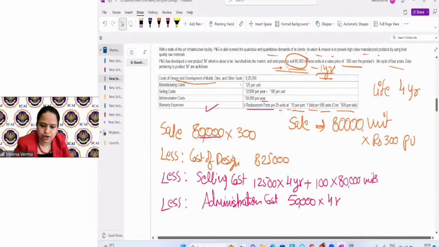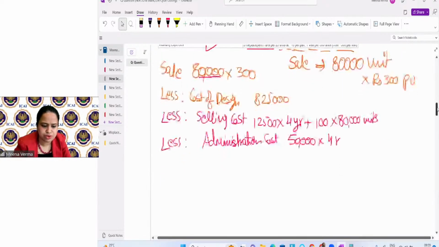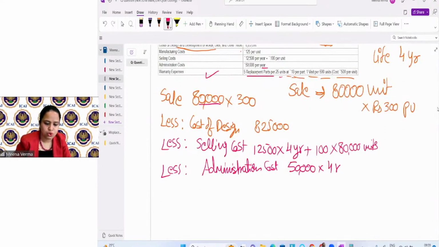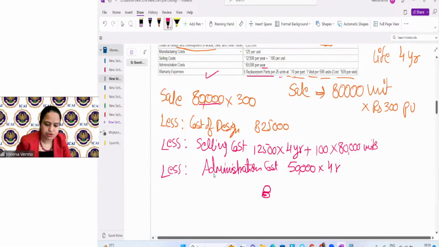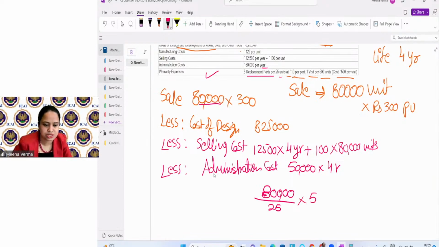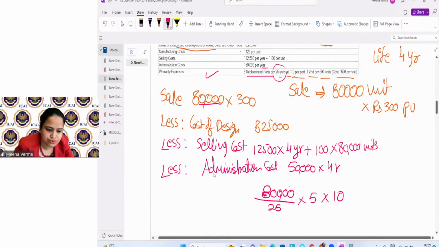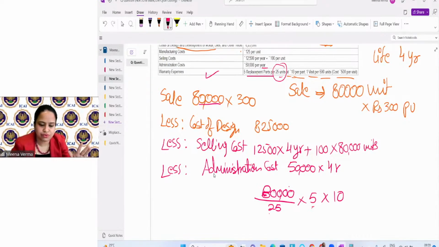So on every 25 units, there is a replacement of 5 parts, and the amount will be 10. For the 80,000 units we are producing, divide by 25 units, and you will get the total batches in which there will be replacement, then multiply by 5 and by 10. This will give you the value.